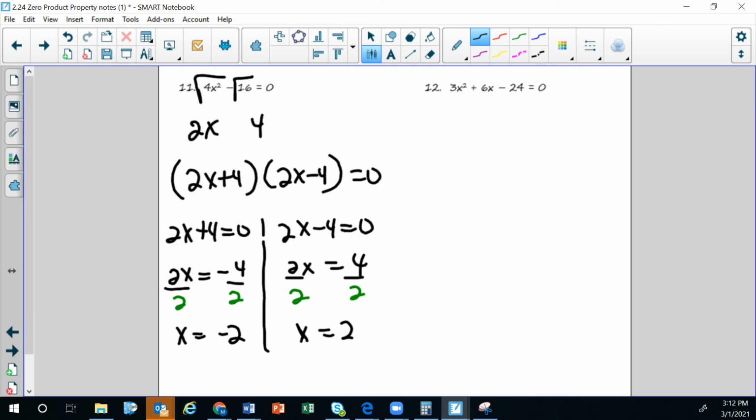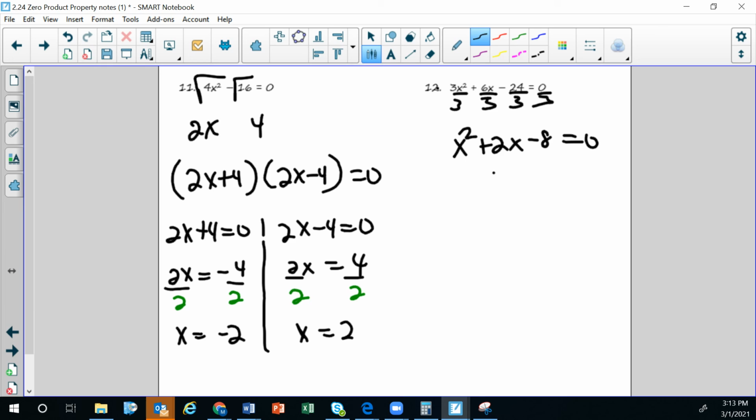And so if I divide the equation by 3, each term, that's going to give me x squared plus 2x minus 8 is equal to 0. That is a lot easier to solve than the original equation. So go ahead and use the X box and solve number 12 on your own.